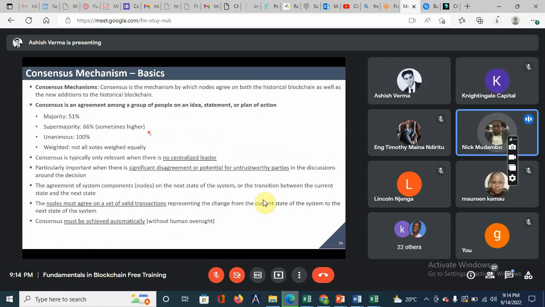You said that unanimous 100% is very rare. What about situations where we have very few nodes? Wouldn't this be ideal? Because I think the 51% majority exists because we have so many nodes that we can't have all of them giving a consensus.